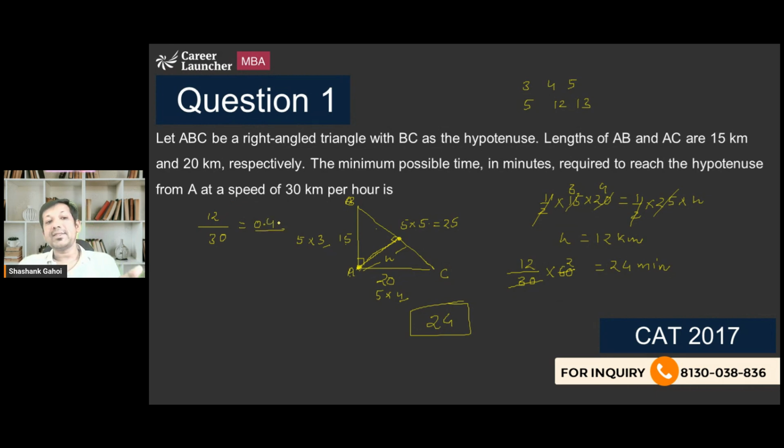But 0.4 is in hours. The answer is not wrong, but in theta the question is asking for the answer in minutes. So 0.4 hours will be considered a wrong answer instead of 24. So remember, whenever you are solving a theta question, your answer can never be decimal. It can never be negative.